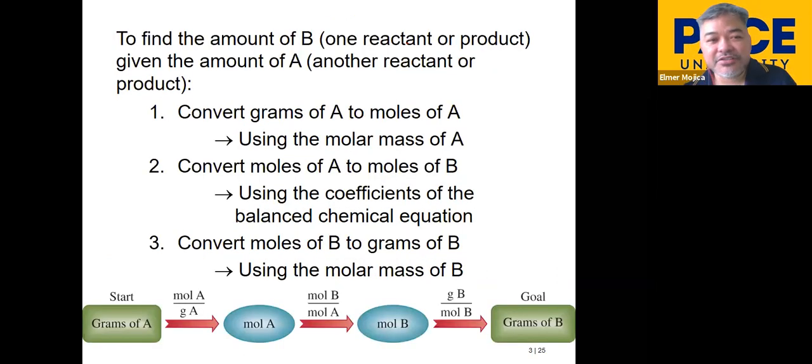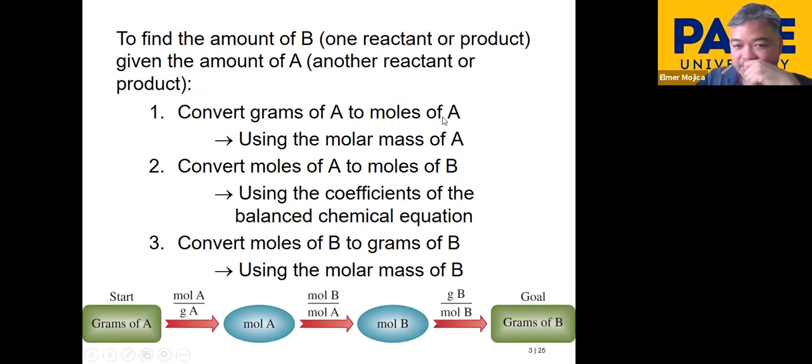So if we look at the relationship that we have here, to find the amount of B, whether it's a reactant or product, given the amount of A, which is another reactant or product, you're going to convert grams of A to moles of A using the molar mass, like this. Then you convert the moles of A to moles of B using the coefficient.